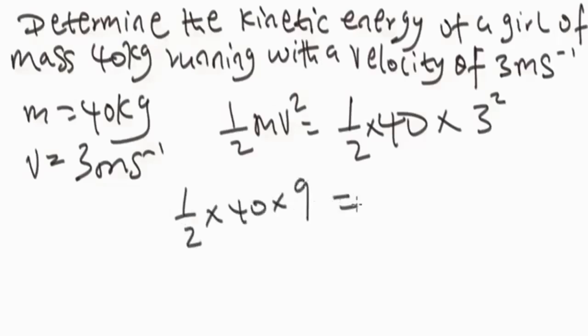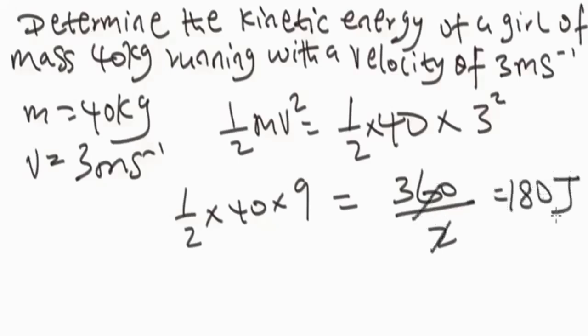Alright, so when you simplify this more, you're going to have 360 divided by 2, so you're going to have 180 joules. So the unit of energy is joules. Alright, so let's wipe this and solve another problem.